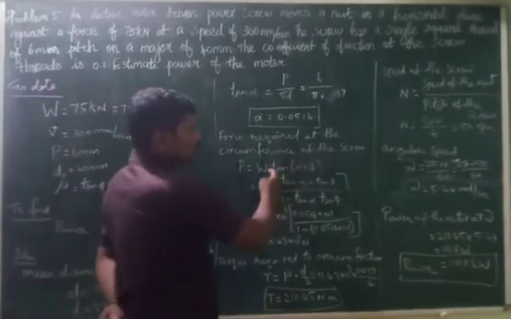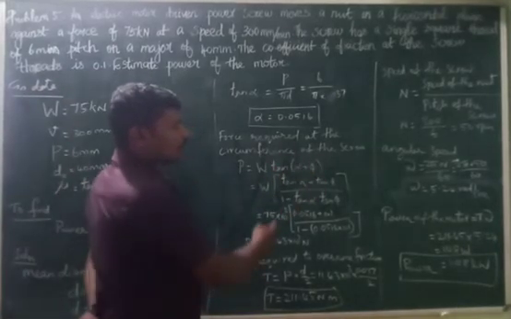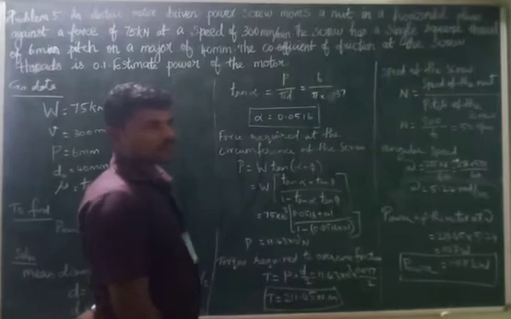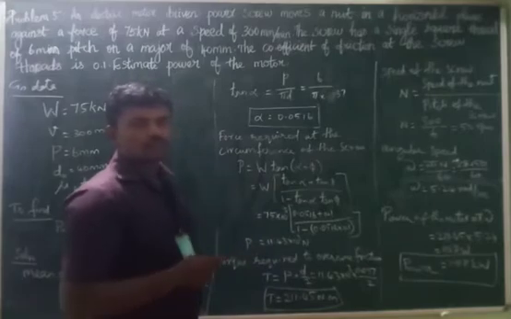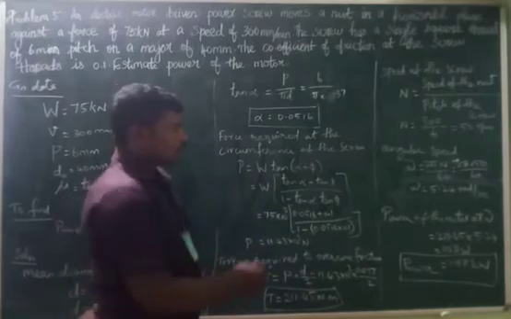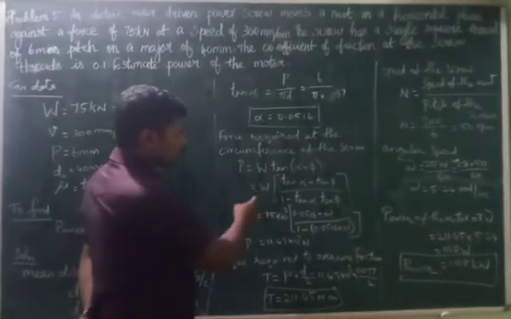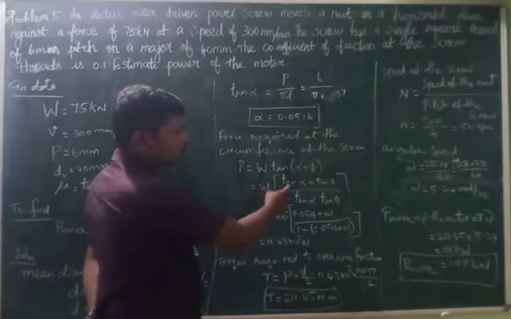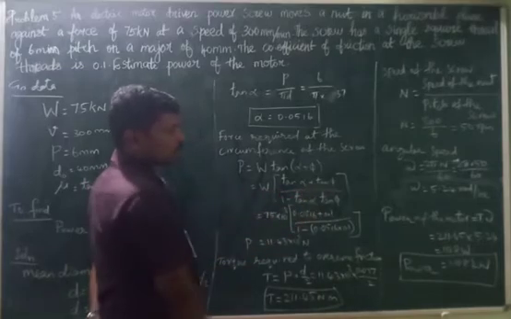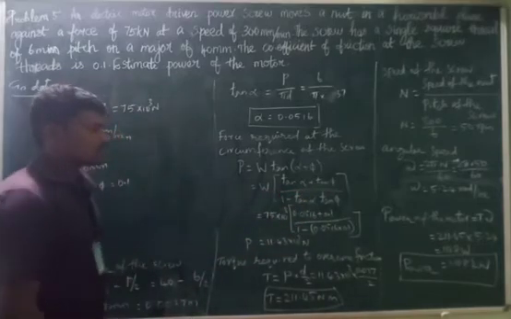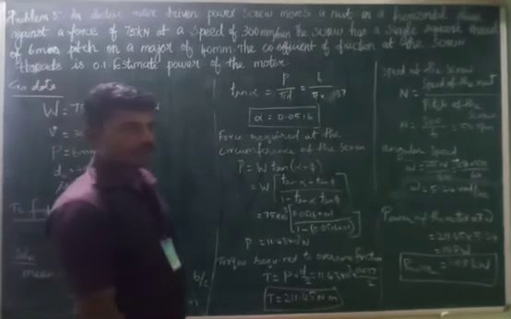We need to expand tan of A plus B. The formula will be W into tan alpha plus tan phi divided by 1 minus tan alpha tan phi.